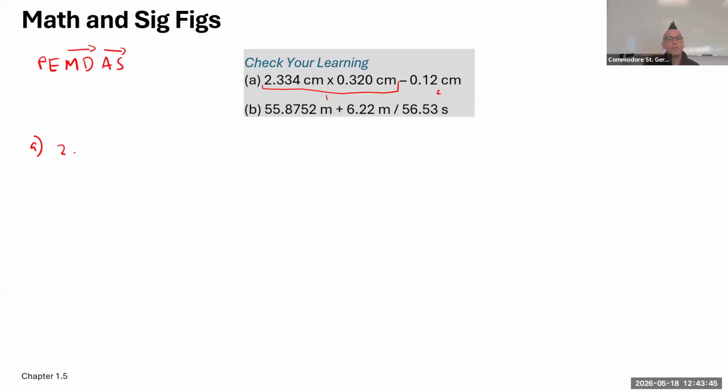So we have 2.334 centimeters. And then to make this a little easier, what I'm going to do is, actually, let me just figure this out real quick. Okay, this is slightly different than the book because I added a slightly more difficult thing here, but let's do this here.